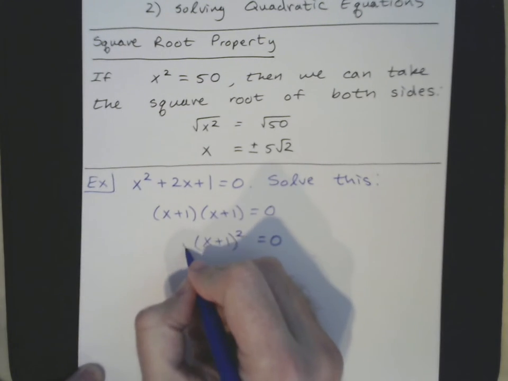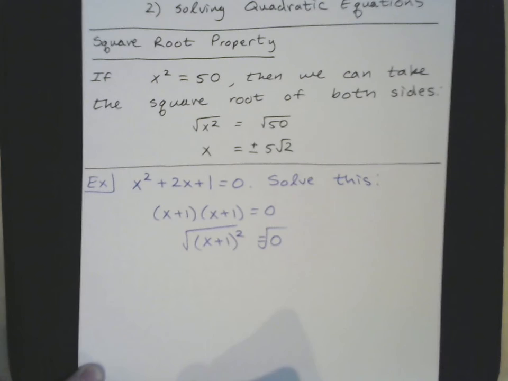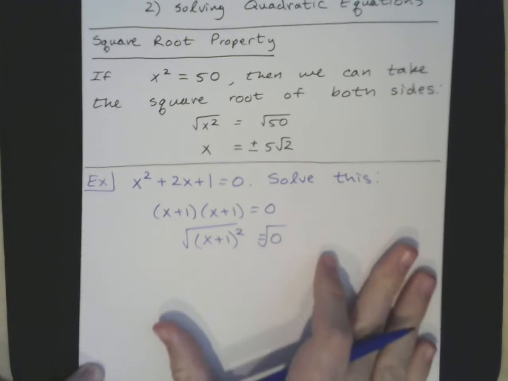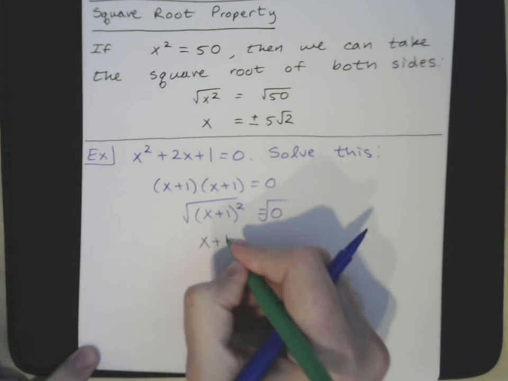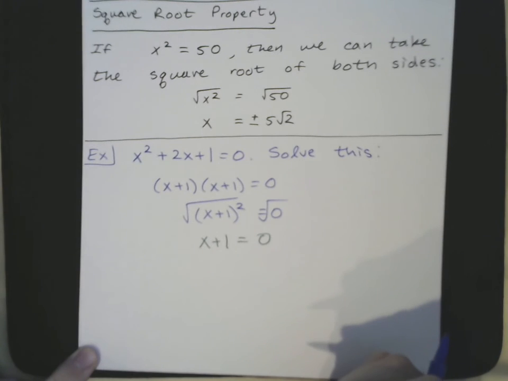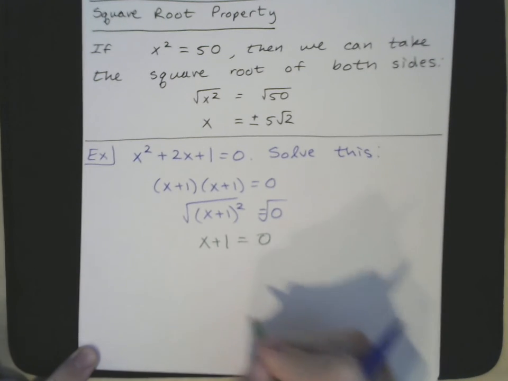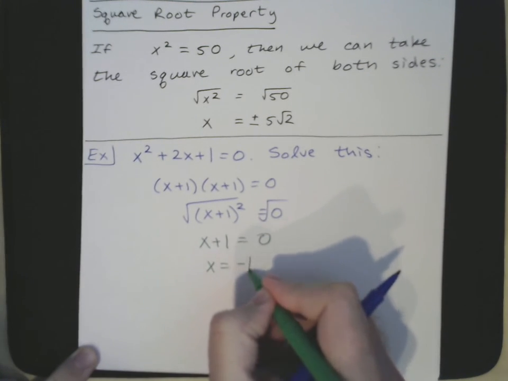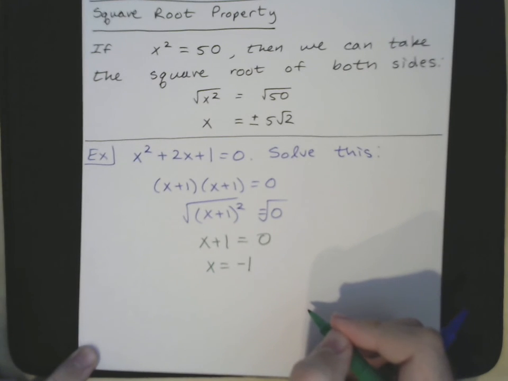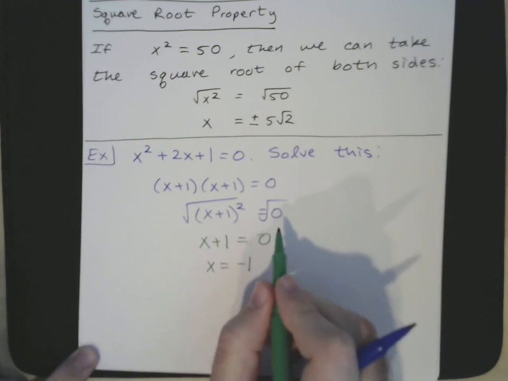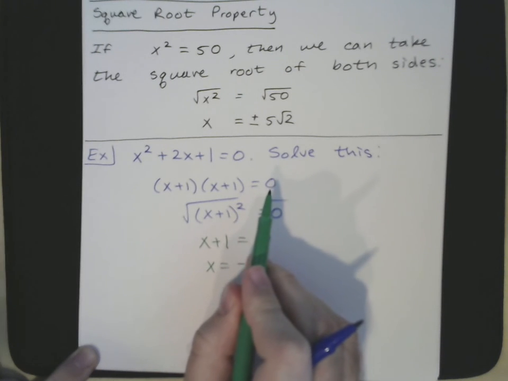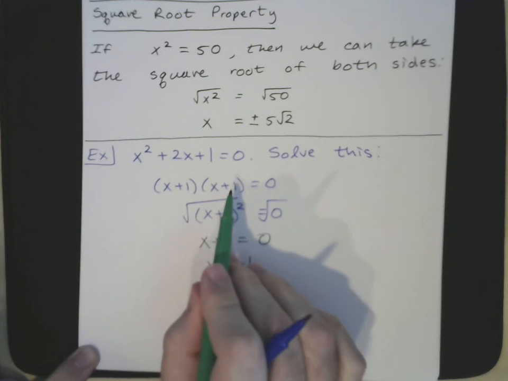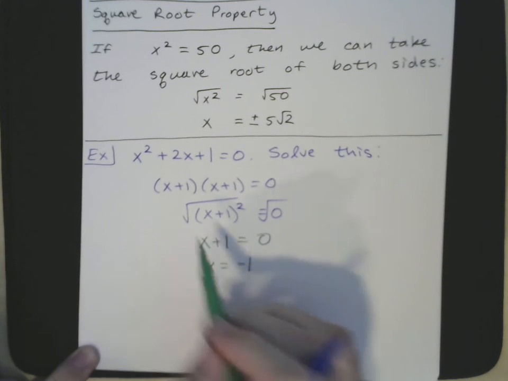And so what we do is we square root both sides using the square root property, and we get x plus 1 equals 0, because the square root of 0 is 0. And we have x equals negative 1. And so we're using the square root property. Now, because this was equal to 0, we say that x equals negative 1 because there are two of them.